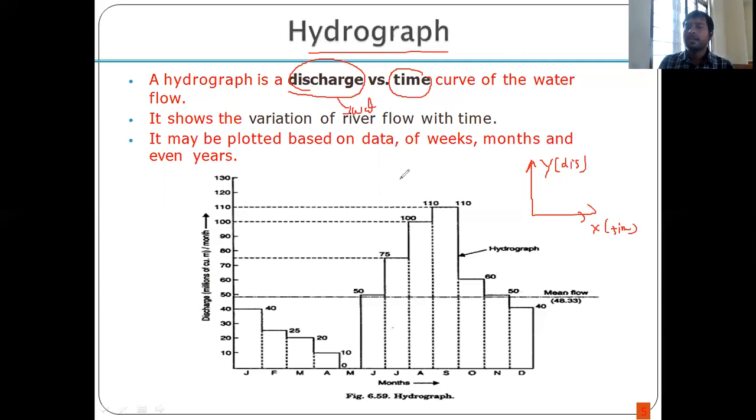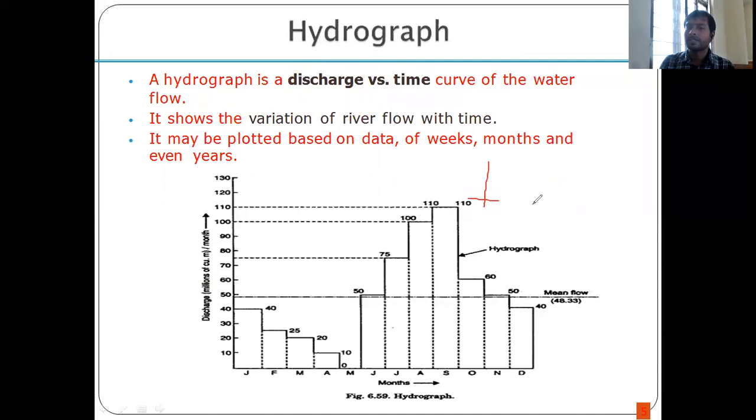If you take one year, for example, this is the y-axis discharge, and this is time. This is January, February, March, April, May, June, July, like that, and December will be there.